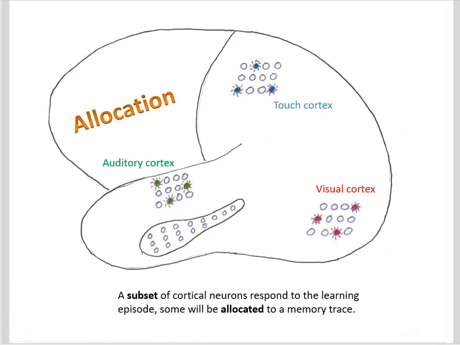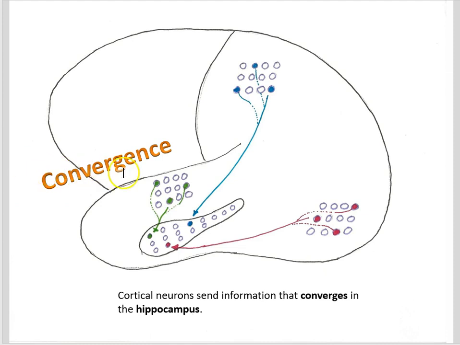The first stage then, as we've just seen, is an allocation stage where a certain set of neurons in each of the perceptual regions will be activated by the learning experience and then allocated to storing a memory trace of that learning experience. The perceptual regions will send information by way of axons to make synapses on neurons in the hippocampus. So we have a convergence of information in the hippocampus.